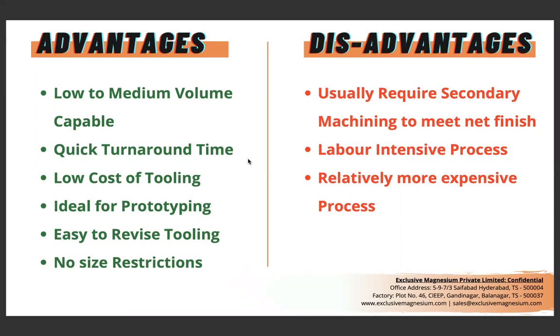Within probably a month or a month and a half, or maybe a maximum of 2 months, you'll have the part in your hand. So it has a quick turnaround time in that sense, and it can be done even quicker. This is the quickest process in terms of castings.